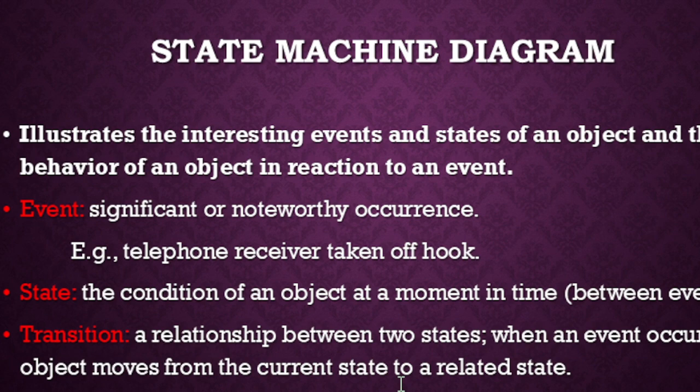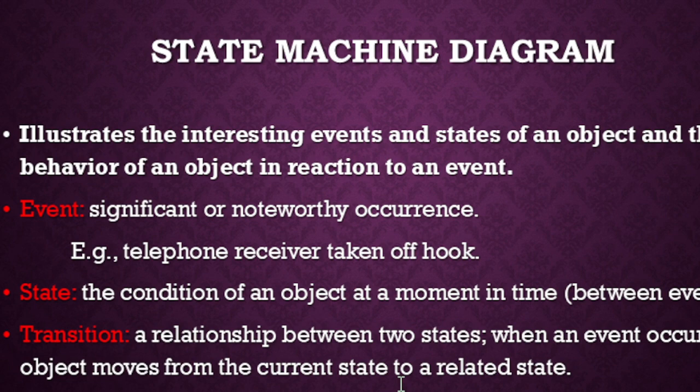That is something which happens, and if this happens, which state are we in and how will the state change? When it is on the hook, the dialing tone is off, and when the receiver is taken off the hook, the dialing tone is on. So there are events there.